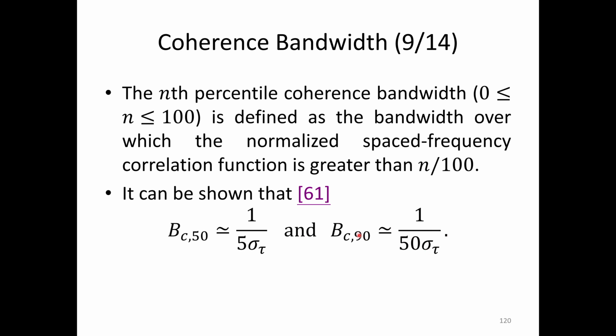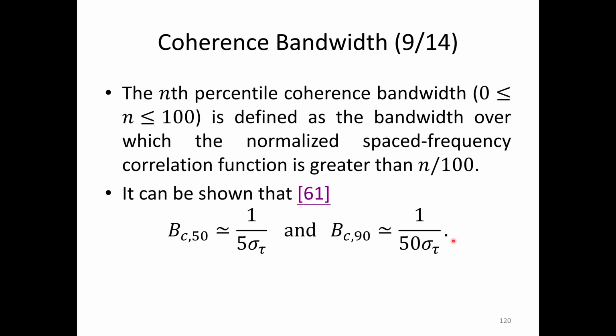So what does this mean? This means that the bandwidth over which the normalized spaced frequency correlation function is greater than 90 over 100, in other words greater than 0.9, is approximately 1 over 50 sigma tau.